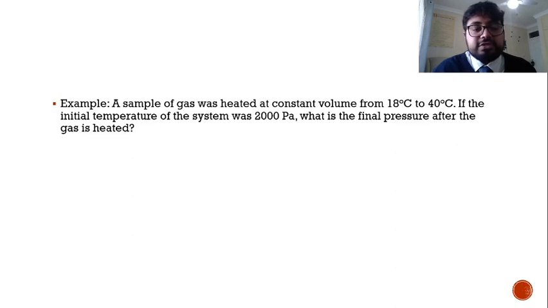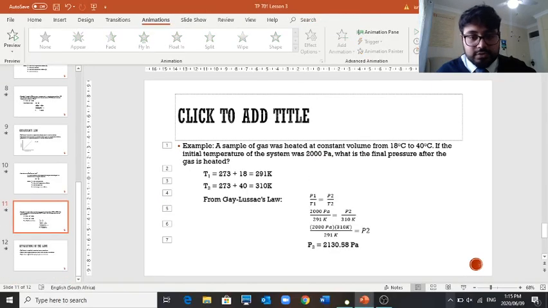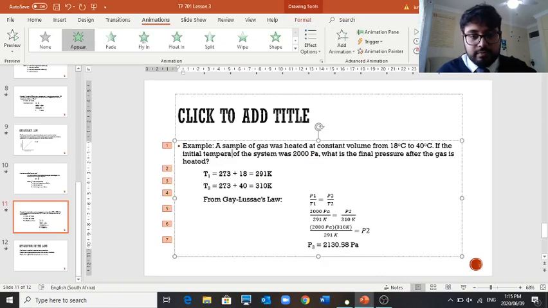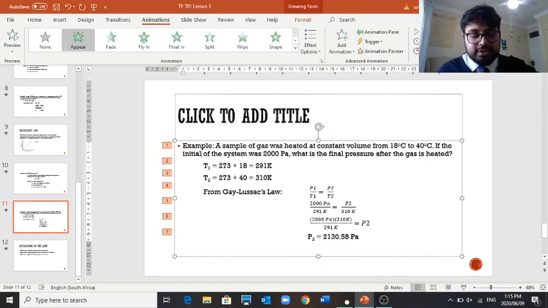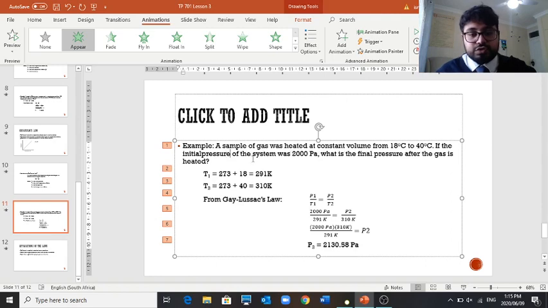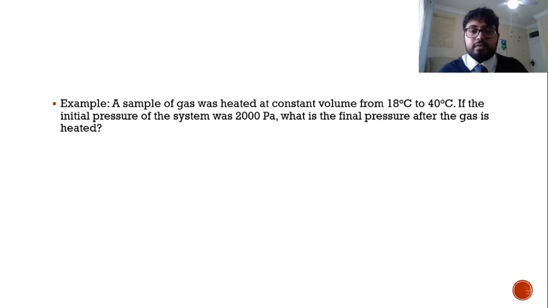If the initial pressure was 2000 pascals, what is the final pressure after the gas is heated?